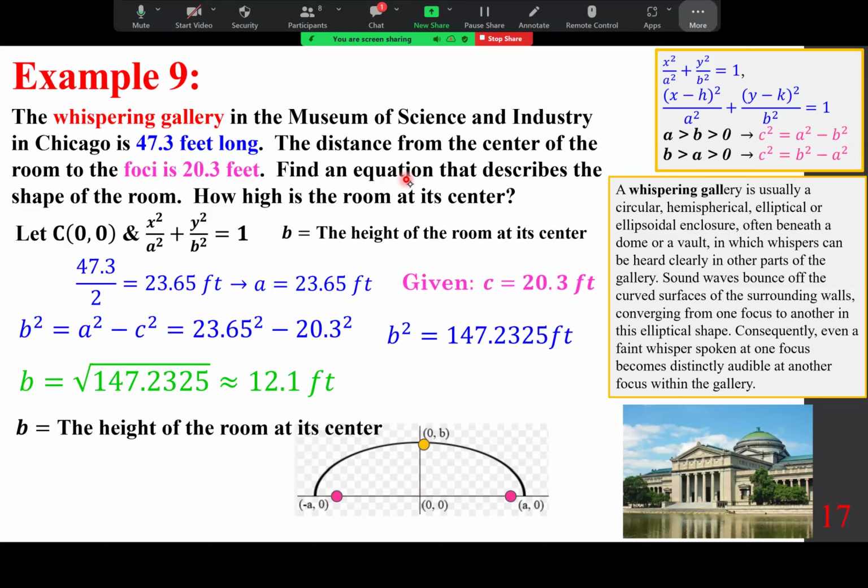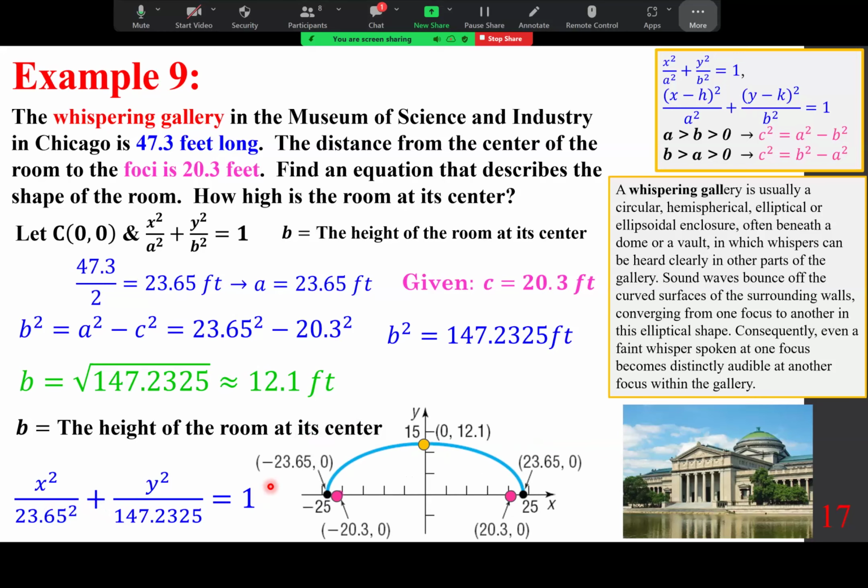What about the equation? x squared over a squared plus y squared over b squared equals 1. So x squared over 23.65 squared, plus y squared over b squared, 147.2325, equals 1.